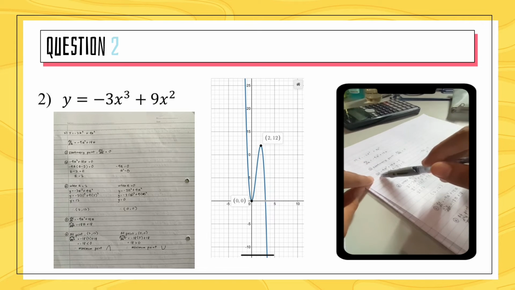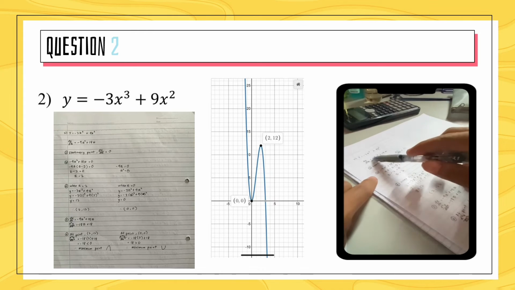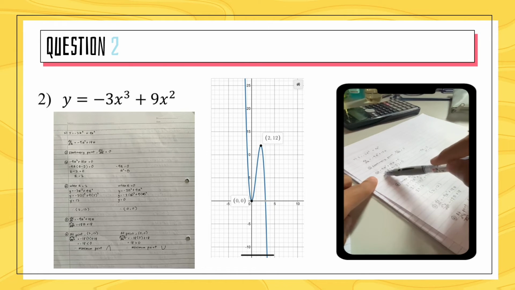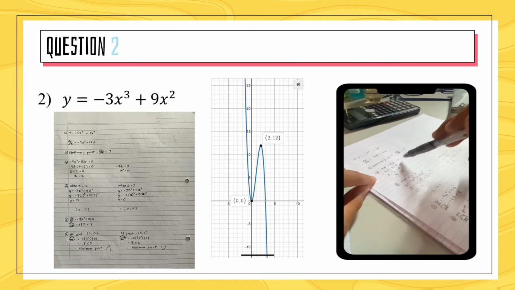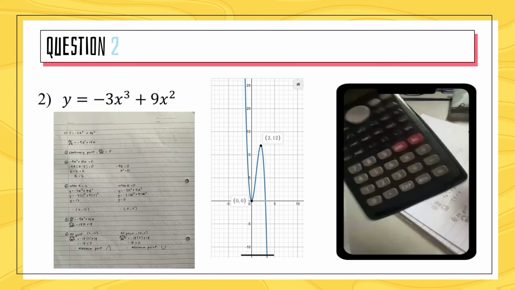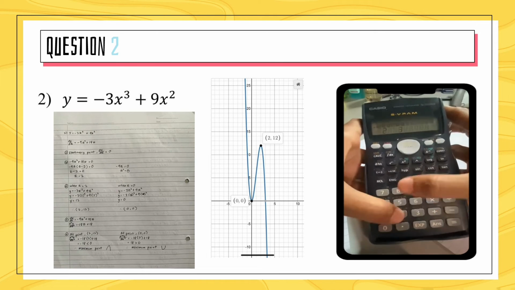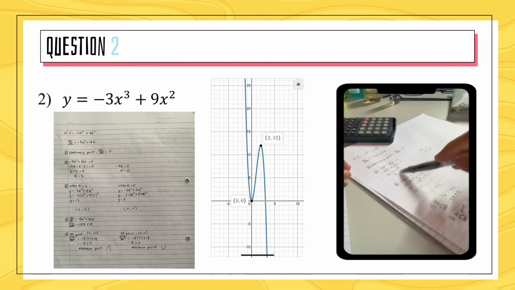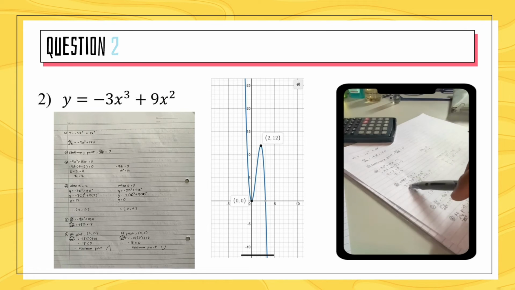And step 3 is we need to find the x value. So we write this and set it equal to 0. To get the x value, we can use the calculator on mode EQN, degree 2. Yes, we can get the answer from this. And then step 4, we need to find the y value.